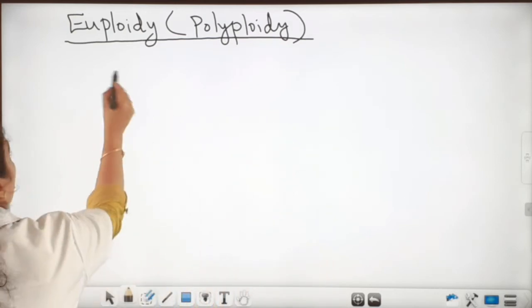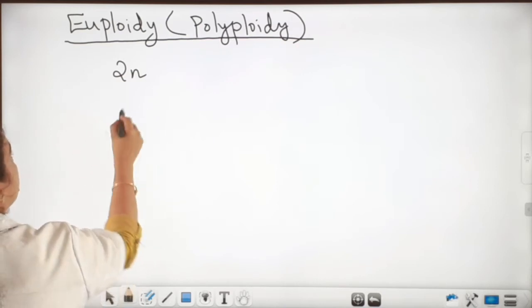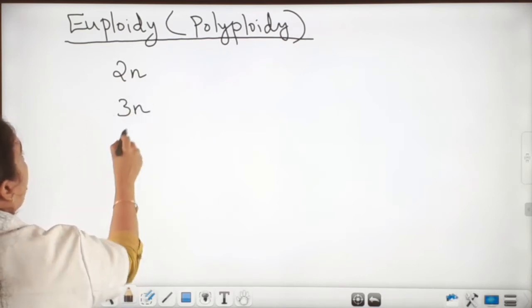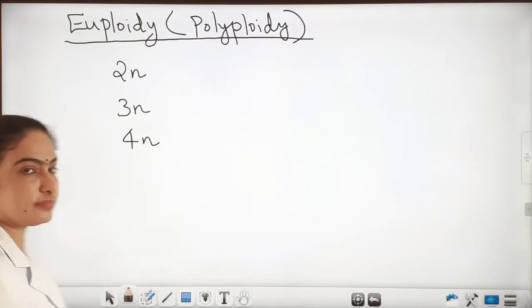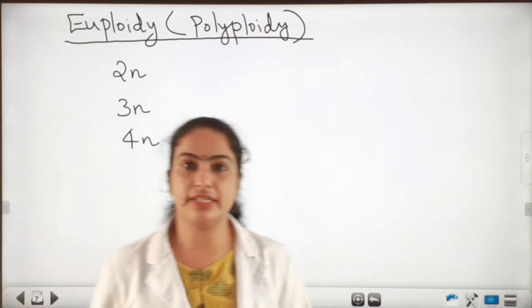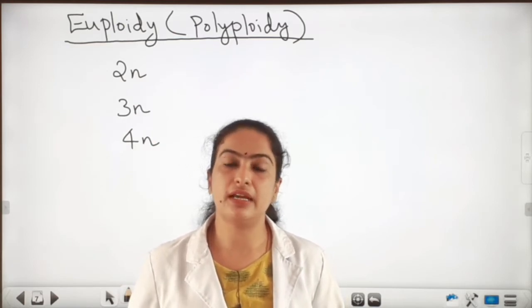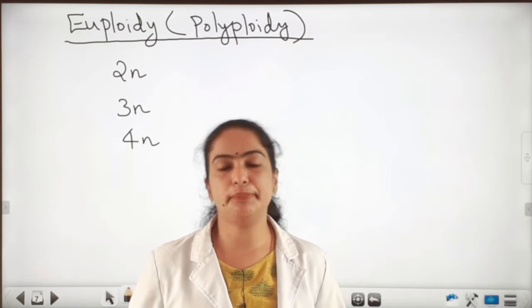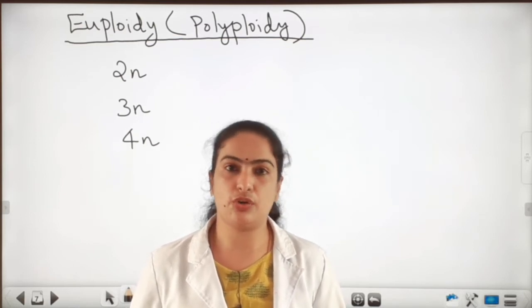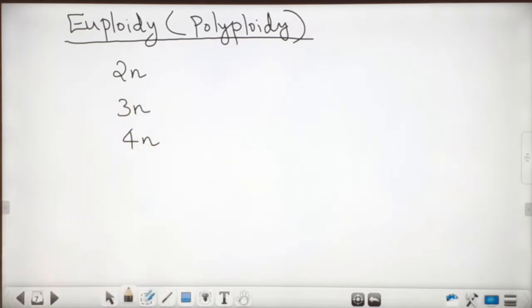For example, normal is 2n, so if it is a multiple, it means 3n. There is a change in the number of chromosomes, and that change is an exact multiple of the basic number of chromosomes. That is polyploidy or euploidy.